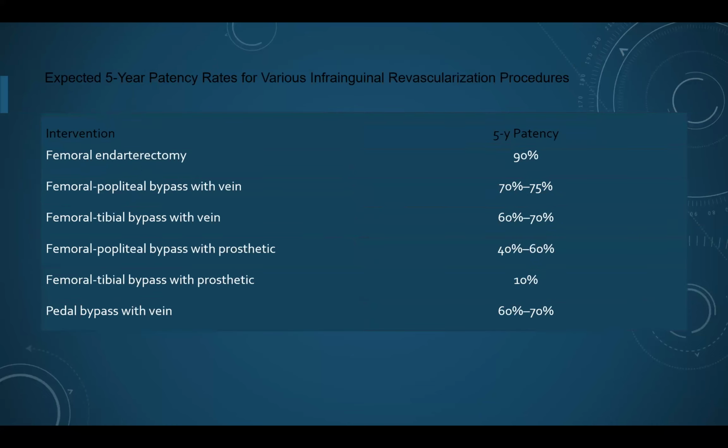In infrainguinal revascularization, femoral endarterectomy, which was mentioned earlier, has 90% 5-year patency. Next, femoropopliteal bypass with the saphenous vein shows around 70 to 75%. And all the small and medium-sized vessel revascularizations have lower patency rates, of around 40 to 60%.